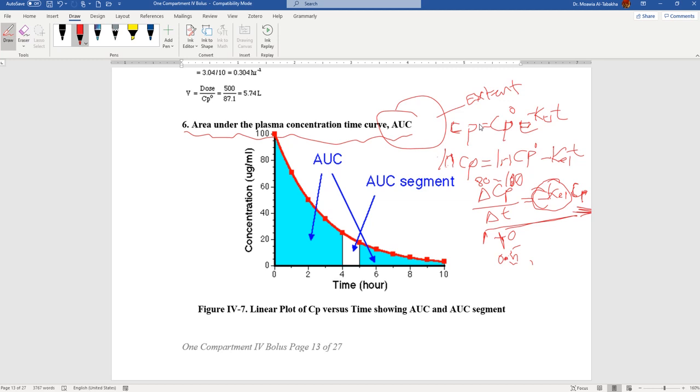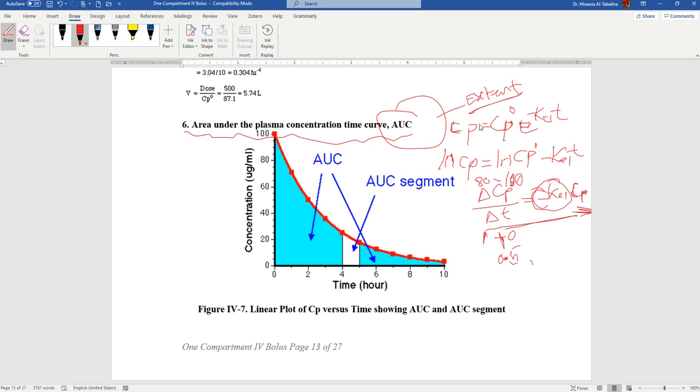So if I have two products of a drug, like for example paracetamol, and I have two products of paracetamol, for example Adol and Panadol, and I want to compare these products in terms of extent, how do I compare them? By comparing the AUC. The one with higher AUC means the extent is higher.